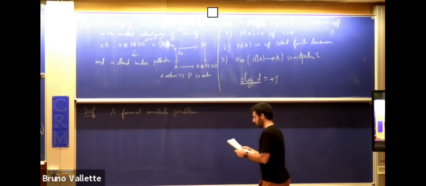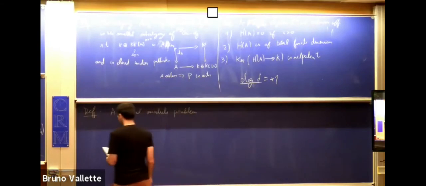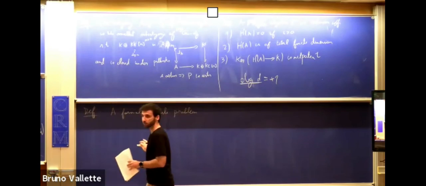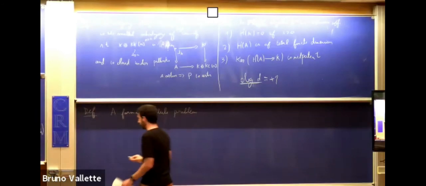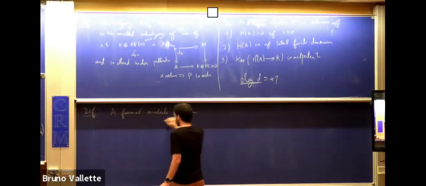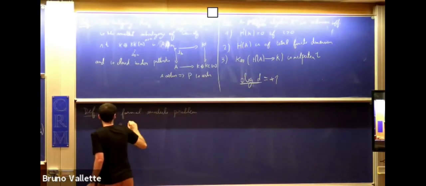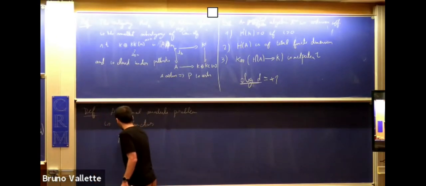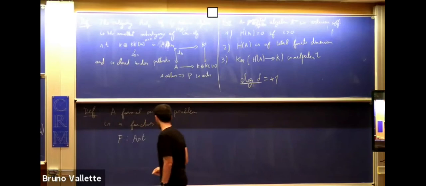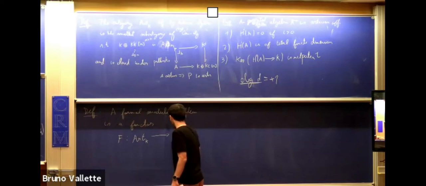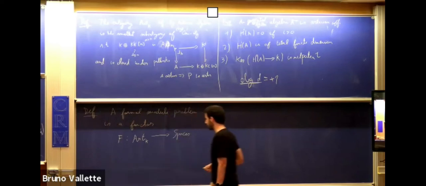So a formal moduli problem. By the way, whenever I say Artin from now on, I mean DG Artin. So everything will be DG from now on. So it is a functor F from this category of DG Artin algebras to spaces satisfying some properties.